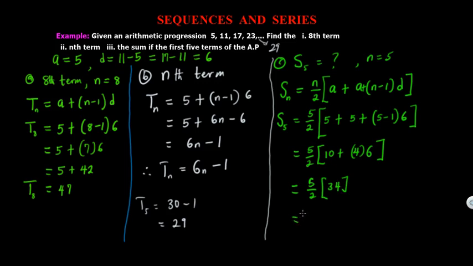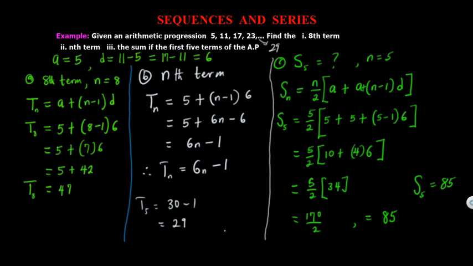That can give us 5 multiplied by 34, which is 170, divided by 2. So whatever we get is our answer, which is 85. So the sum of the first 5 terms here is equal to 85. And we have successfully solved a problem involving AP.